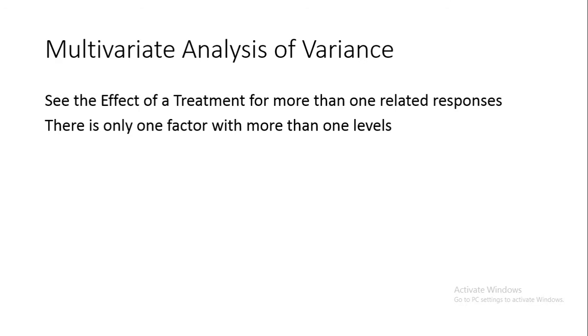The multivariate analysis of variance is basically conducted to see the effect of a treatment on more than one related response. In one-way ANOVA, we assume that there is only one response variable, and the mean responses are compared on different groups or subpopulations, while in multivariate analysis we have more than one response variable or dependent variable, and there is only one factor as we are conducting multivariate one-way analysis of variance.